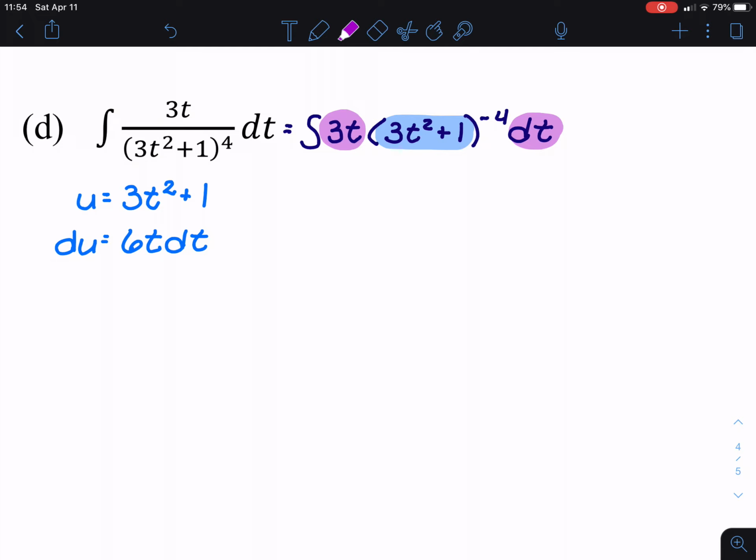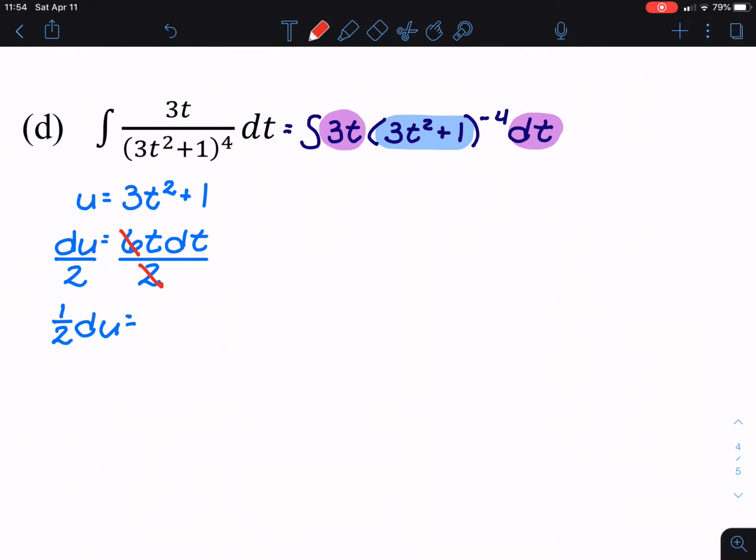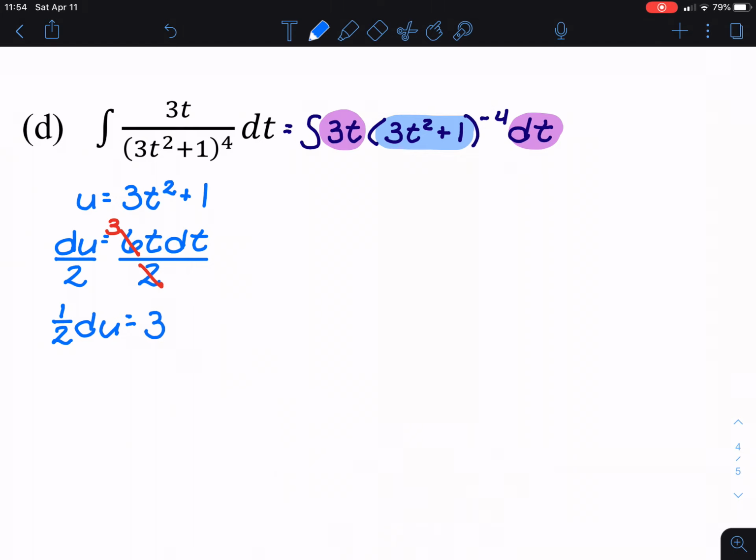So in order to get from 6 down to 3, I'm going to have to divide both sides by 2. So 1/2 du is equal to, well, 6 divided by 2 is 3, giving me my 3t dt that actually shows up in my integral.